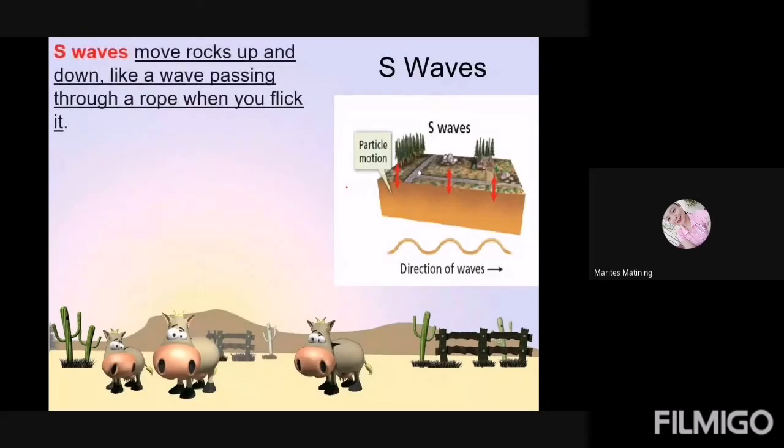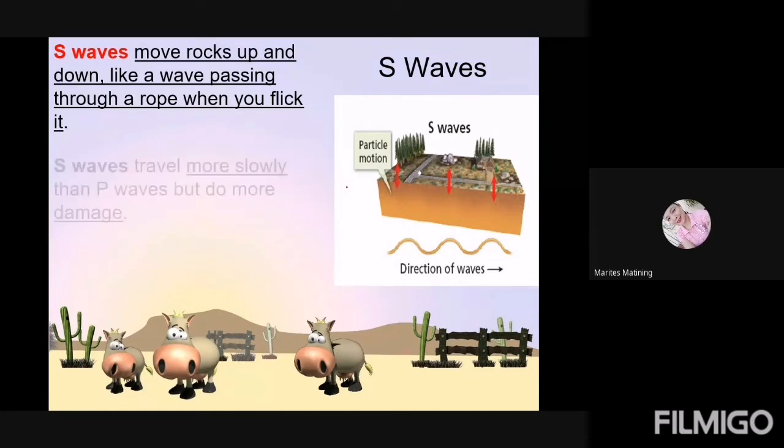Okay, so S waves move rocks up and down. If you look on the picture, yung movement ngayon ni S waves is up and down, like a wave passing through a rope when you flick it. Kung imaginin natin, siguro naglalaro naman tayo ng rope. Pag flick natin, yung movement ngayon ng rope is up and down.